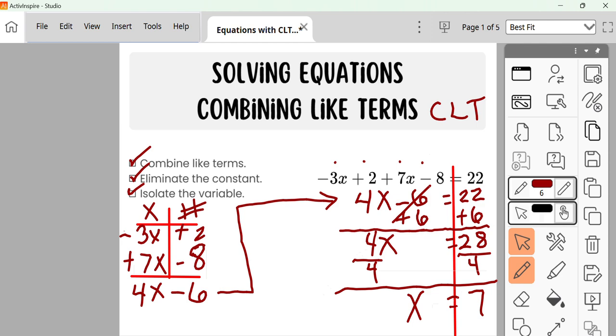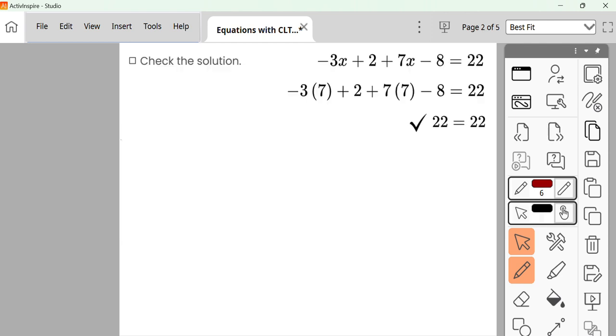All right, now we're going to go to our fourth step, which is check the solution. If you notice, we got x equals 7. So when you're checking the solution, you basically take that 7 and replace it for each x value. And when you do that, you have to put it in parentheses.